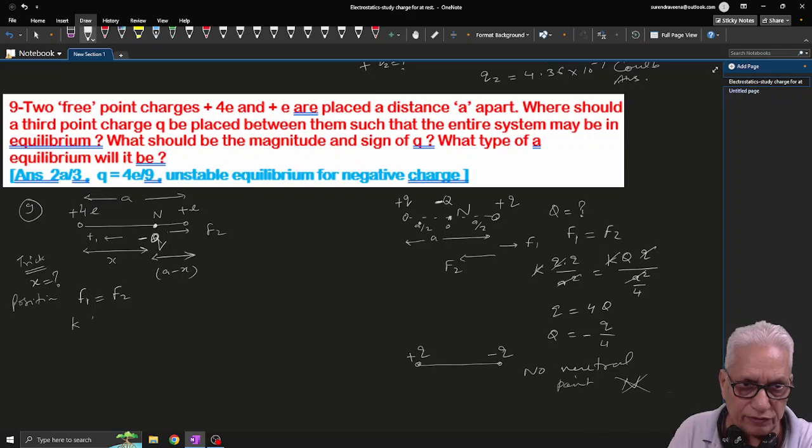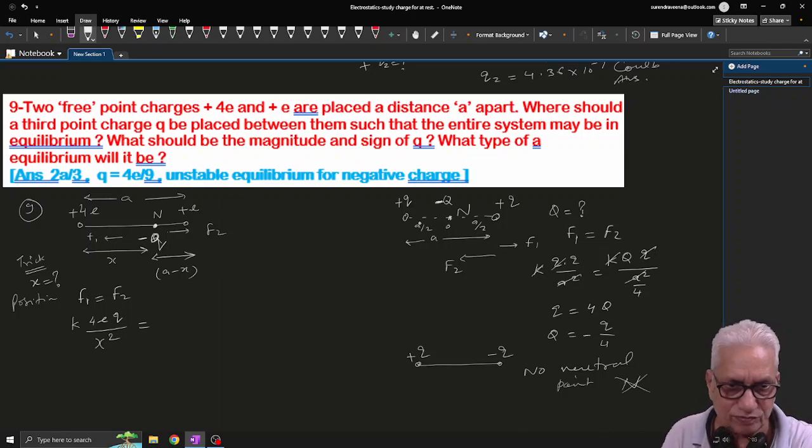So K for 4e q, we are taking the magnitude, not the minus sign, because of the vector quantity we are taking only the magnitude. So x square, we never take minus in a vector, we only take the magnitude. So K q e upon a minus x square.